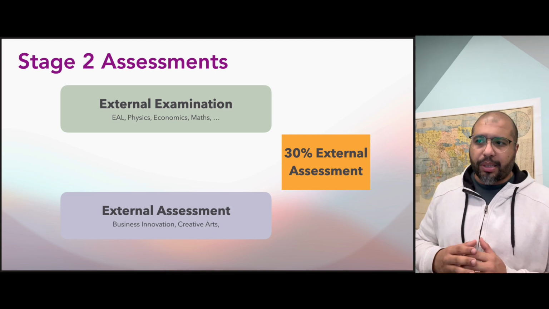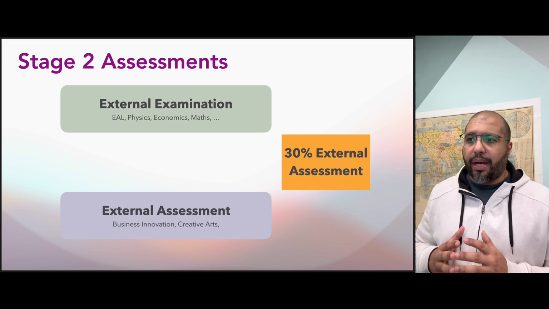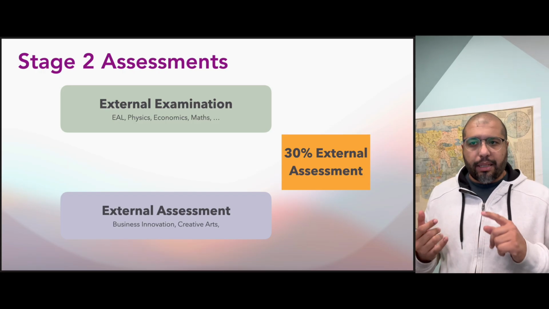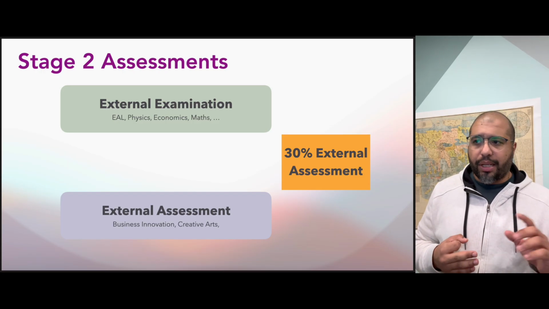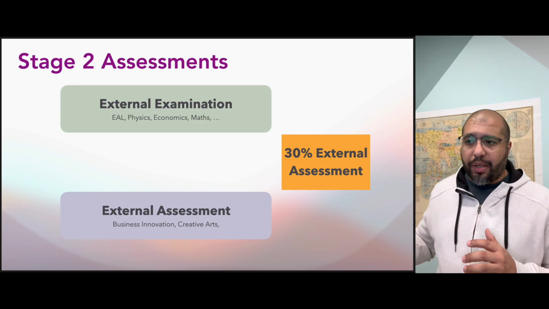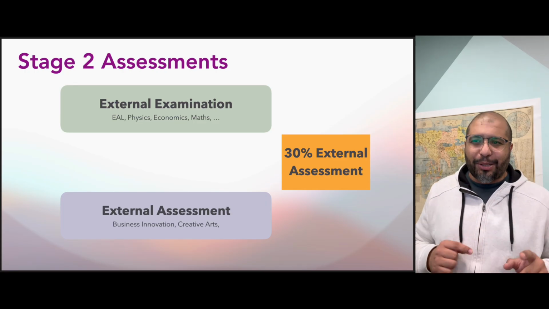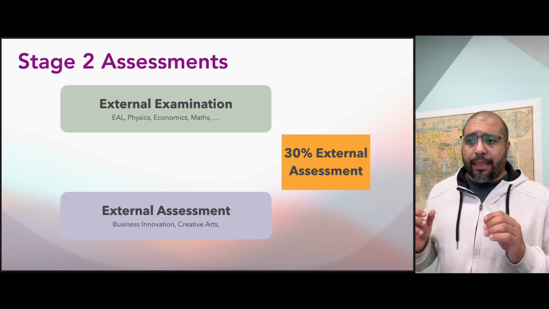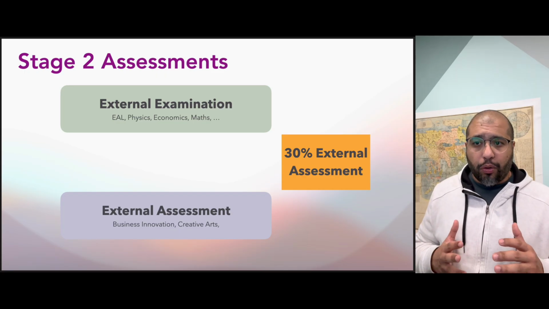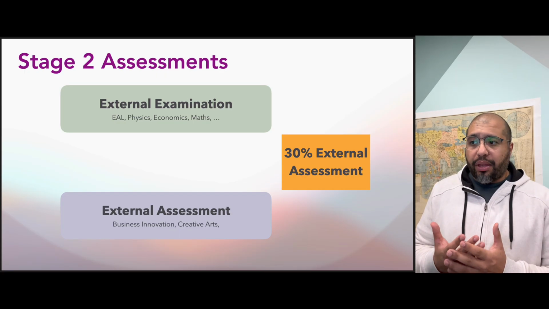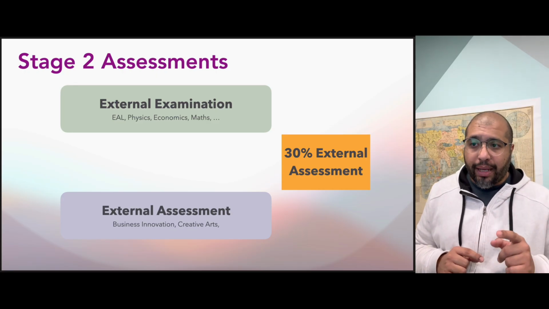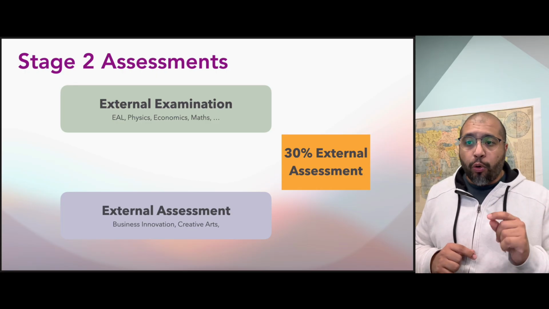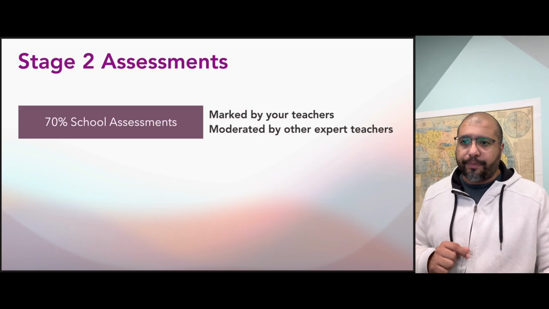External examinations are directly supervised in exam conditions, taken inside an examination room, in a very well-determined time with invigilators and so on, while external assessments are indirectly supervised and students complete them over a few weeks, but both external examinations and external assessments are marked by an external marker who is not your subject teacher.